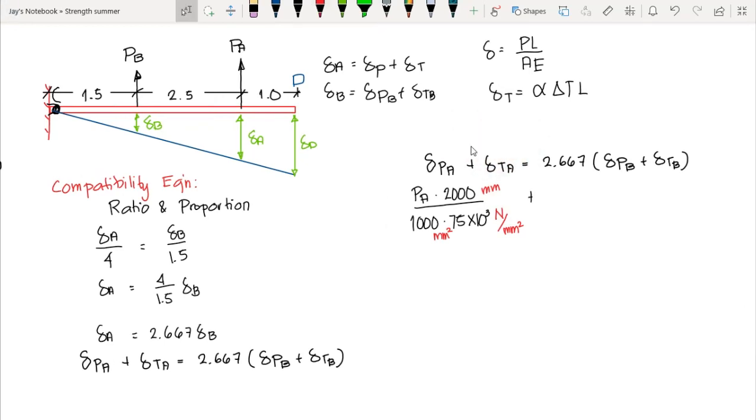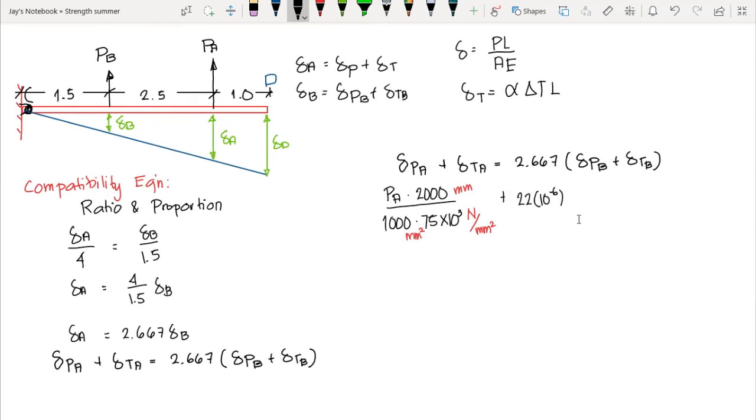So then we have the deformation due to change in temperature, using this formula. We have the coefficient of thermal expansion for our aluminum, that is 22 times 10 raised to negative 6 per degree Celsius, times the change in temperature.